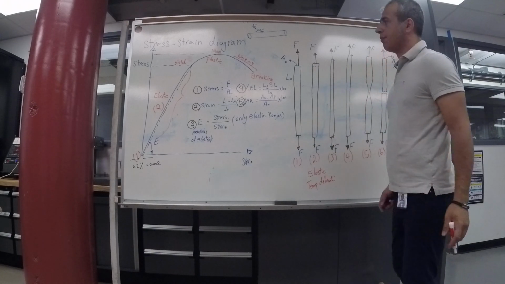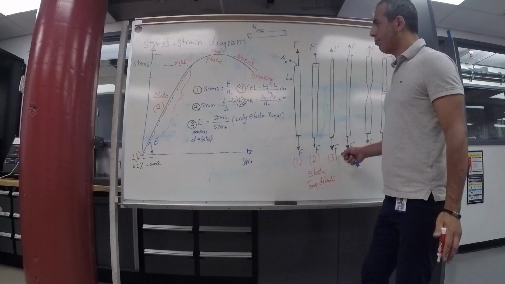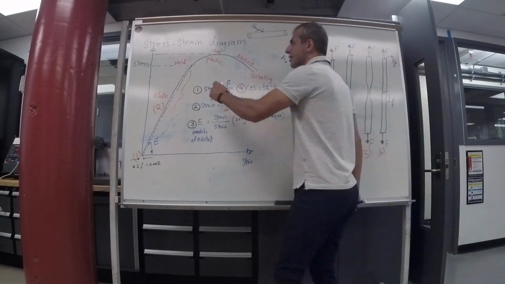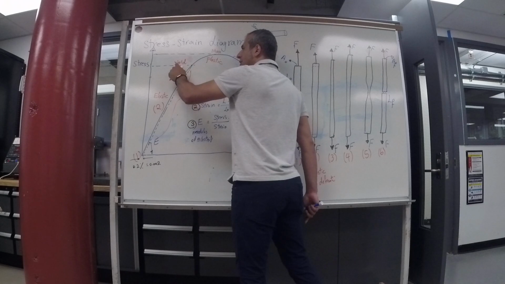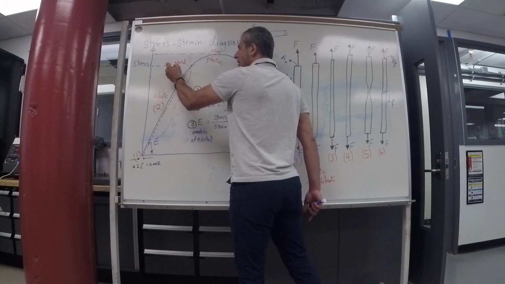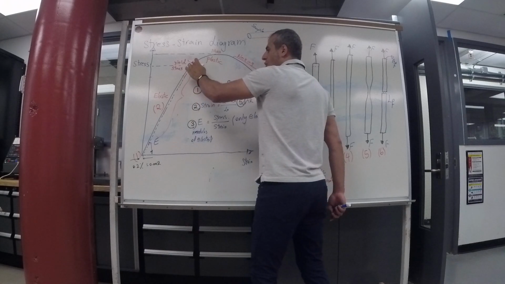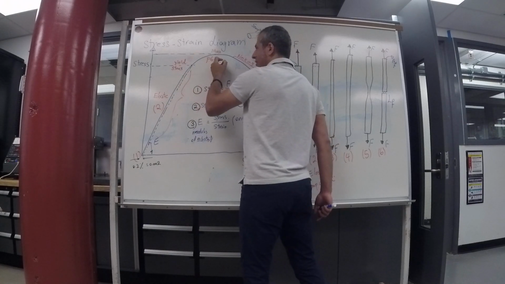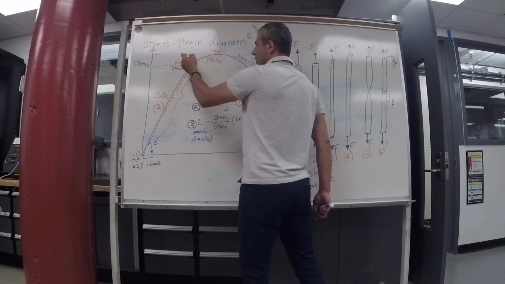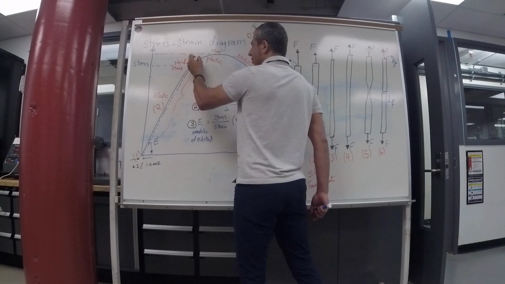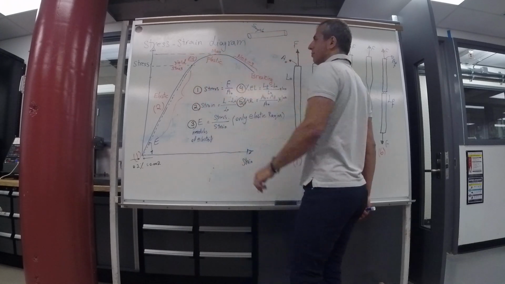If we increase the force at number 3, we pass a point named the yield point. Yield stress is the point between the elastic and plastic region. Number 3 is somewhere here before the maximum.